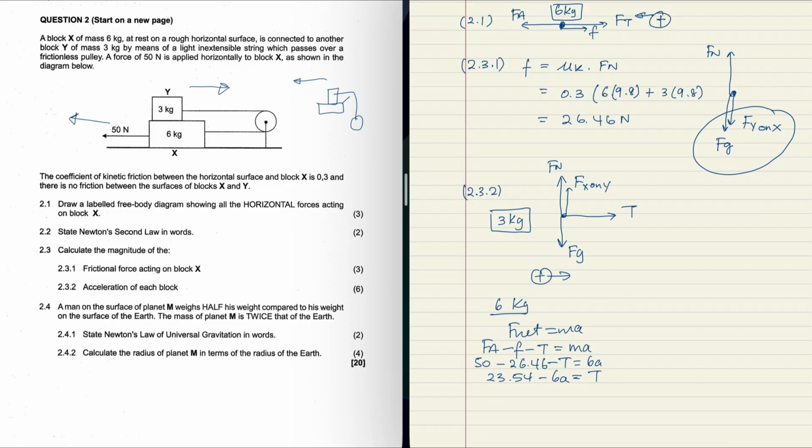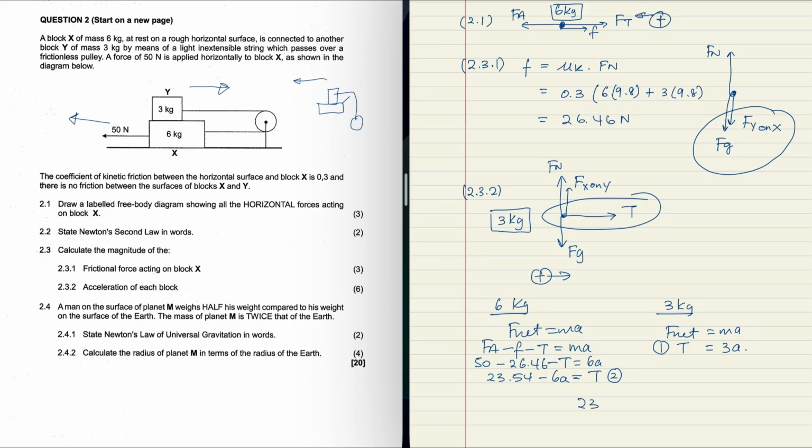Now for the 3 kilogram block, I'm going to go F net equal MA. Now remember, for the 3 kilogram block, right is positive. So it's just going to be tension. So tension is going to equal 3A. Now I can equate the tension because it's the same rope. So I'll say 1 equals 2.